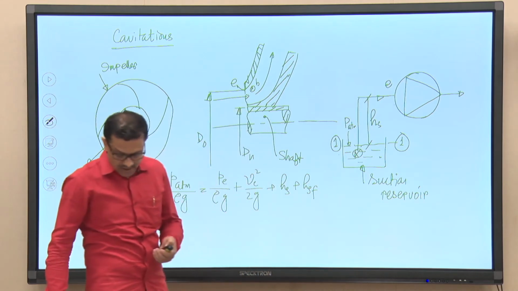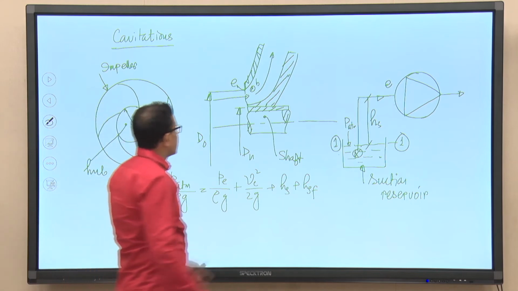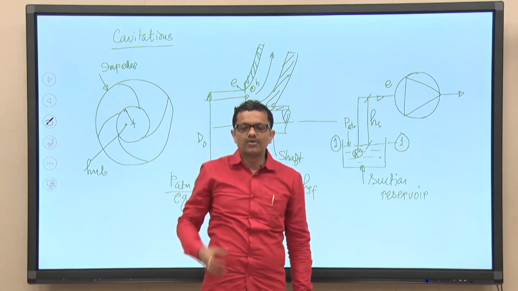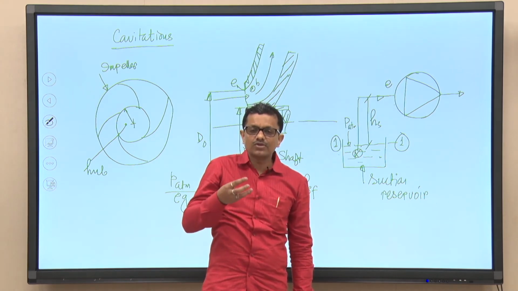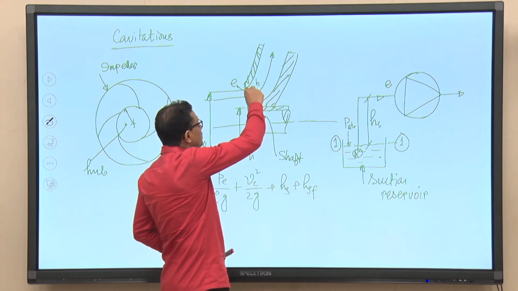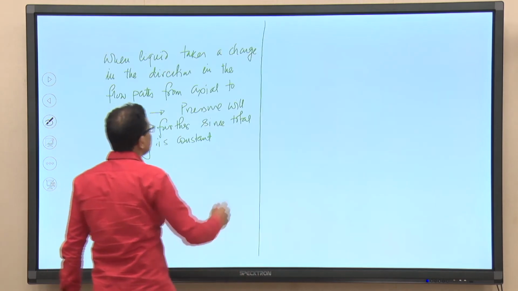So, if we try to find out the pressure at that particular point B, where pressure is minimum and very close to, or may even be less than, the vapor pressure. So, if we assume that because of the sudden acceleration the pressure at this point B is minimum, then perhaps we can apply this to find P minimum.